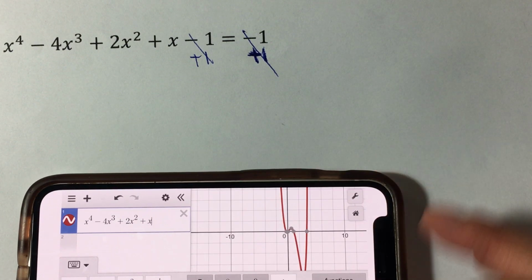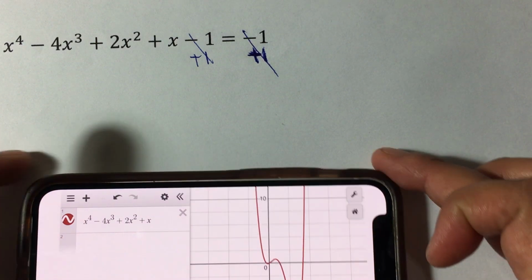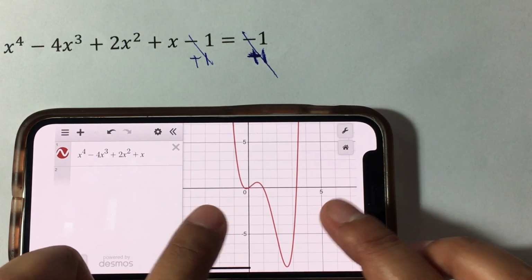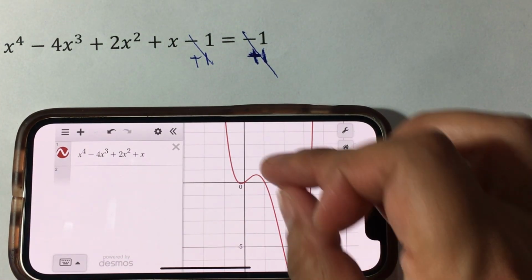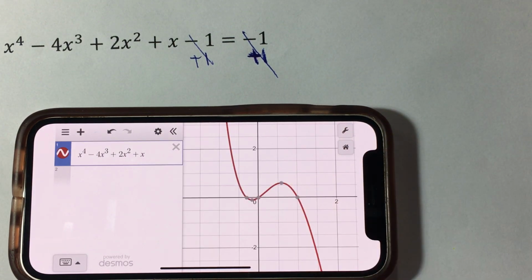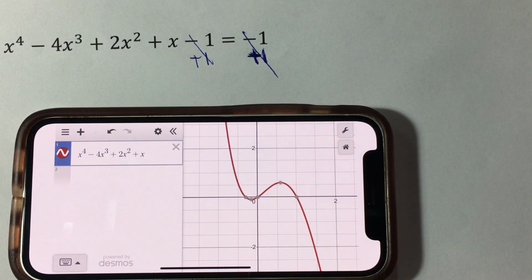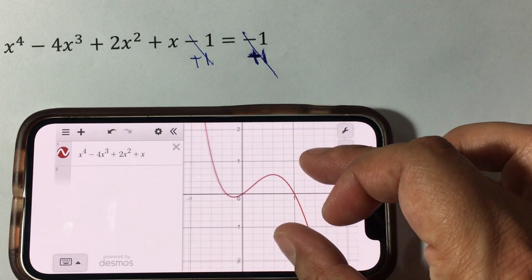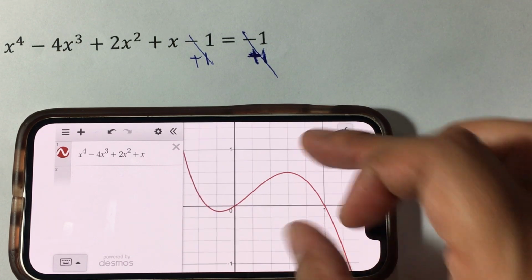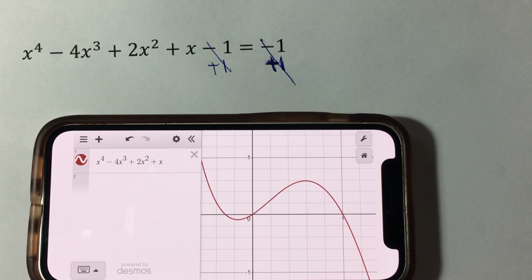So now, what I want you to do is go back here to your graph, and you can manipulate it and make it bigger. Notice how if you keep touching it, some grayish points appear in there. Those points that cross the x-axis, those are the solutions that we are going to be looking for.